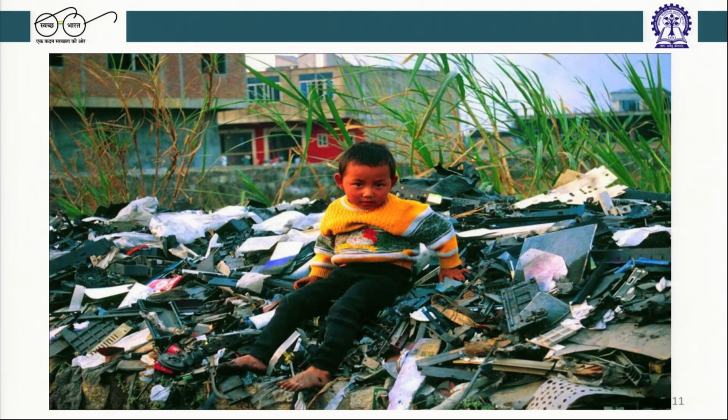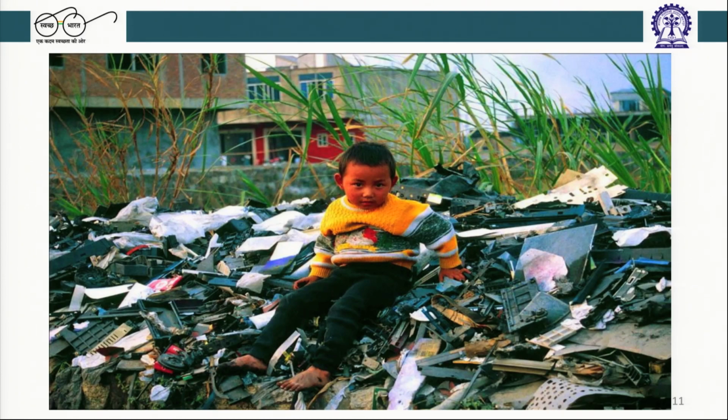Then we have waste management. This is a classical picture. It is actually from China, but you can find several pictures and videos. If you just do a Google Images search or a YouTube search, you will find a lot of improper electronic waste disposal practices in developing countries, including India and China, and also from many African countries.